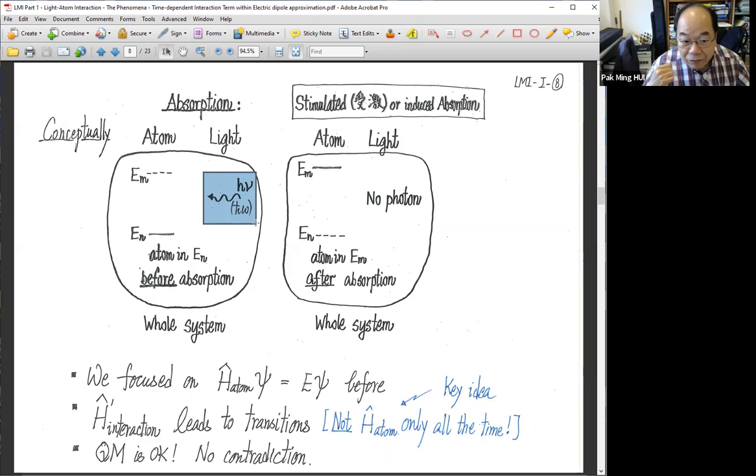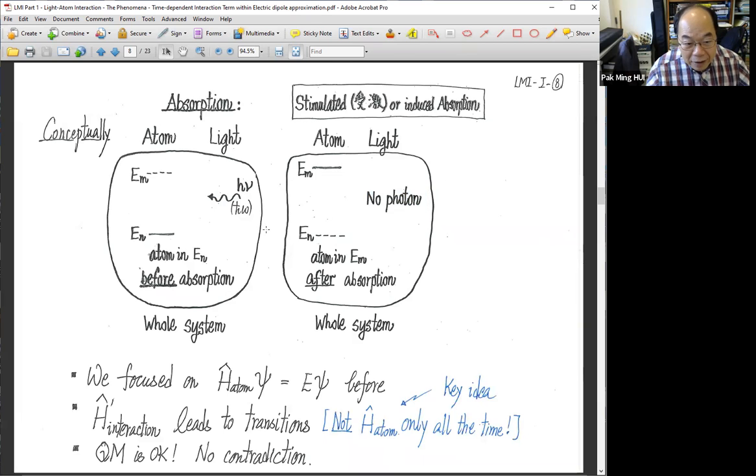And then after absorption, it is in a state that we have to describe as atom in the higher, excited state, and the photon originally there has now disappeared, no photon. This is the full description, atom and photon part.